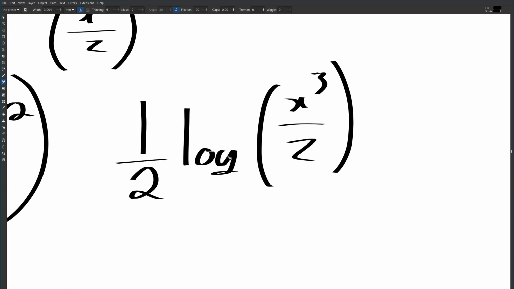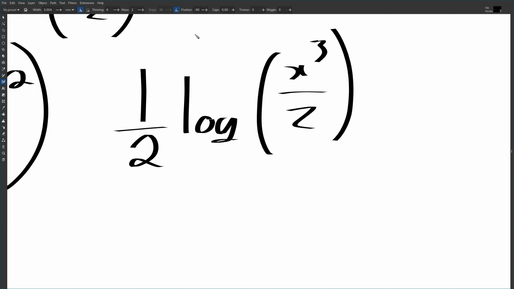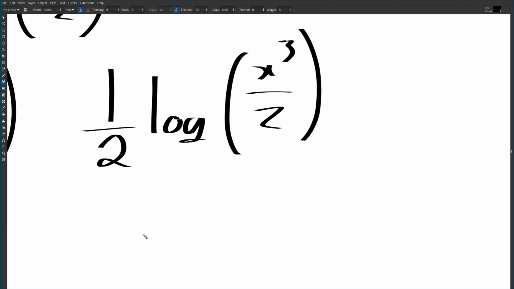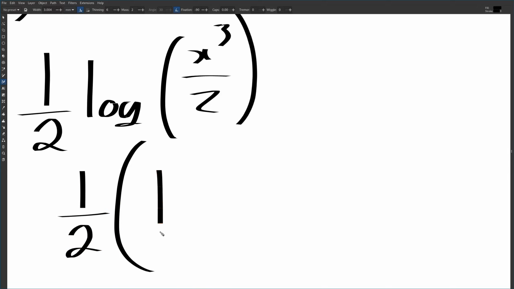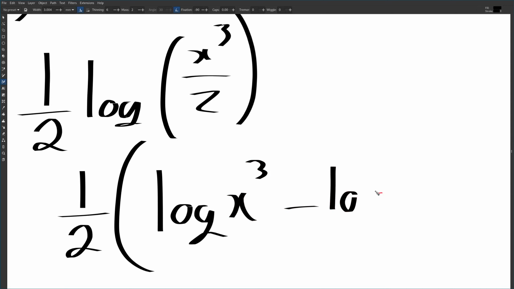Since we're going to break down log of this thing, let's put this in parentheses real quick. So we're going to have 1/2 the quantity log of x cubed minus log of z.